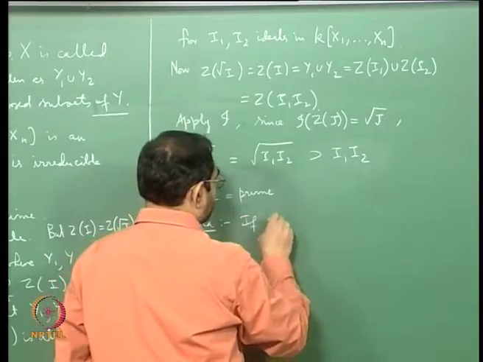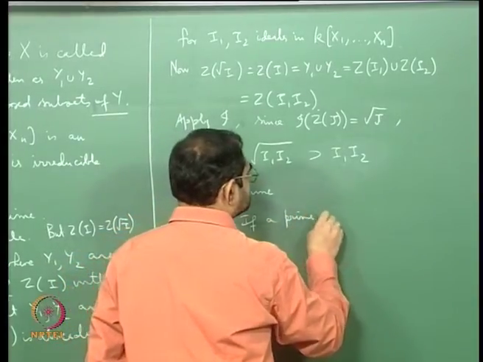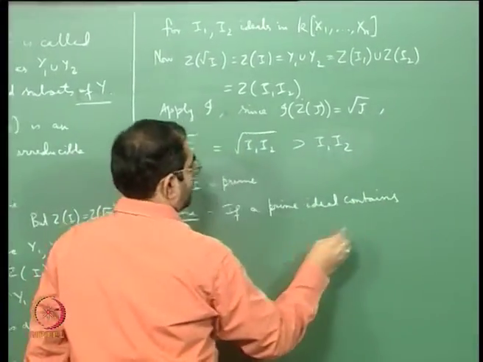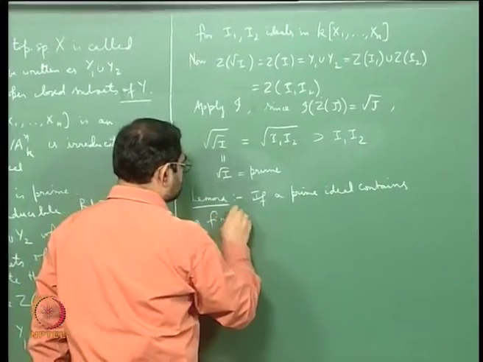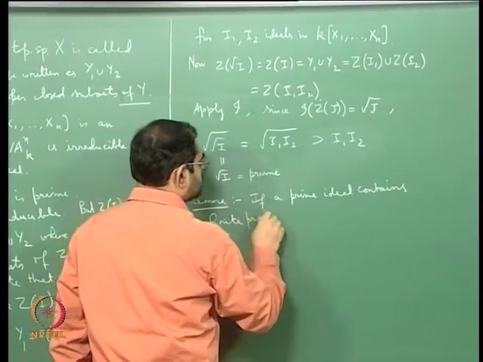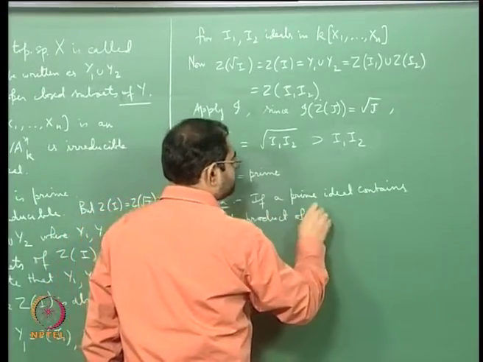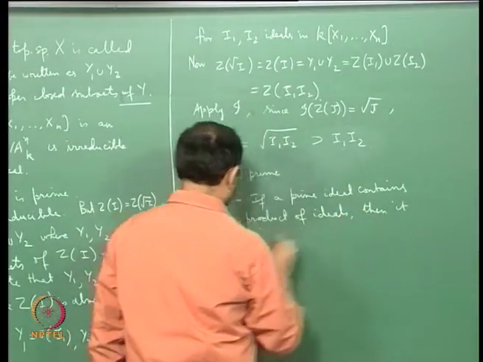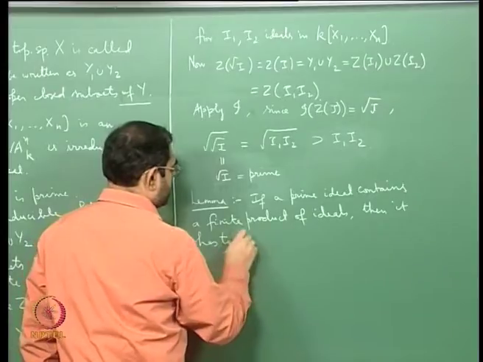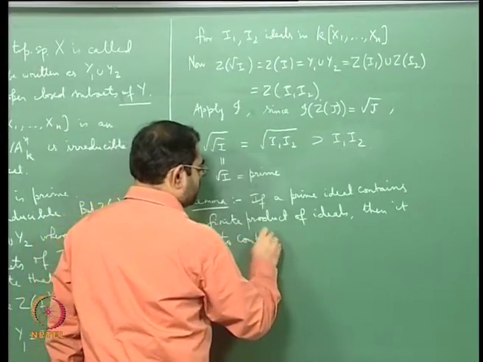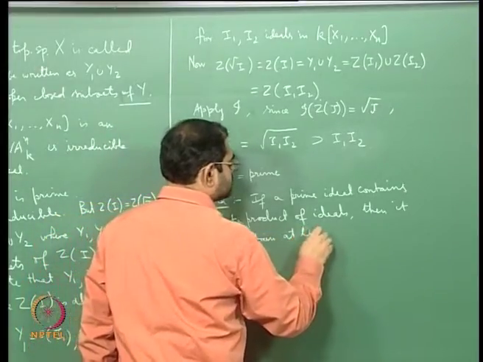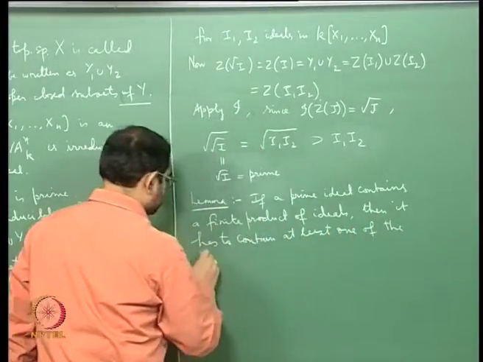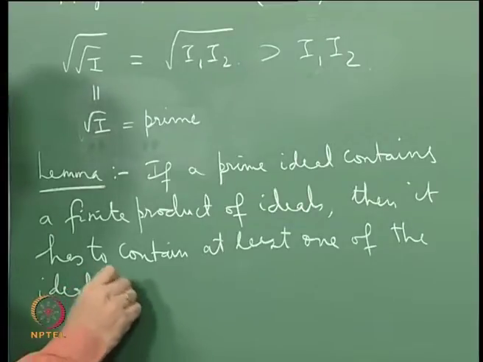If a prime ideal contains a finite product of ideals, then it has to contain at least one of the ideals in the product.